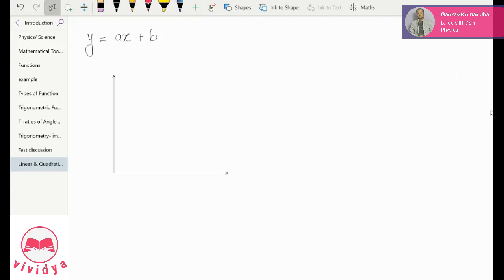I know where it is coming from. In your boards, if you have 2 points, that is enough, right? Technically speaking, if you have 2 points, you can join them and you can get a straight line.